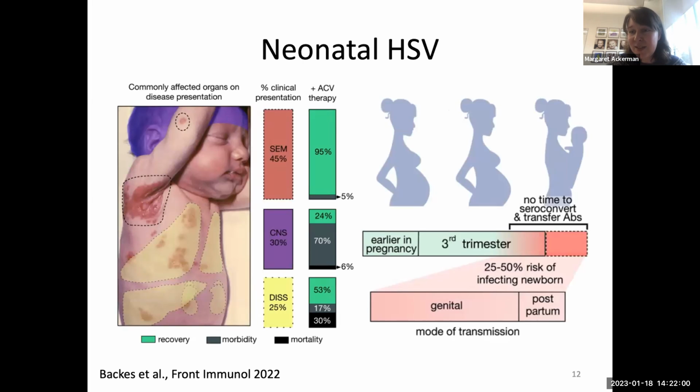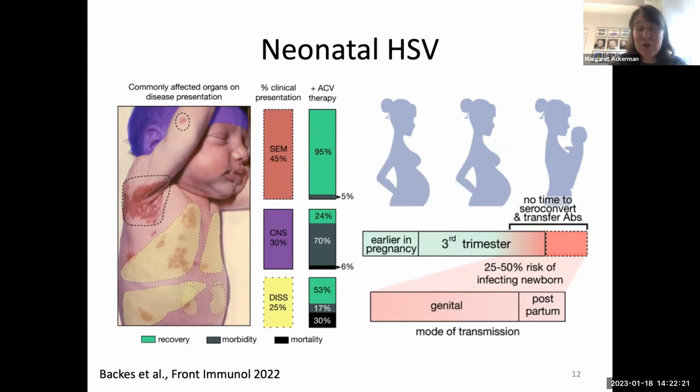HSV is not a particularly severe infection for adults with normal immune systems, but it can be extremely consequential in early life when there are peripartum infections.